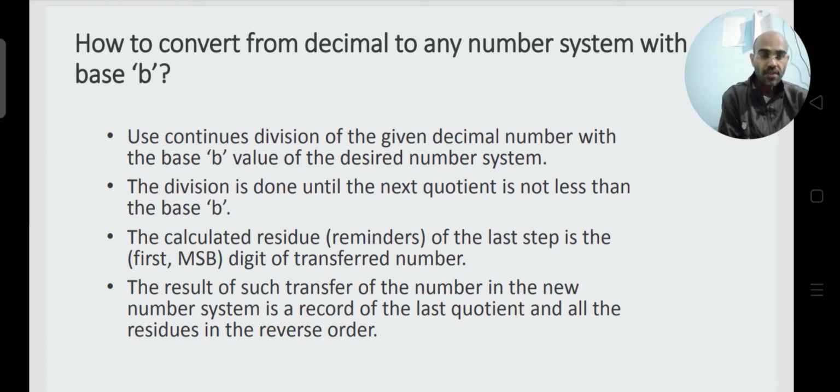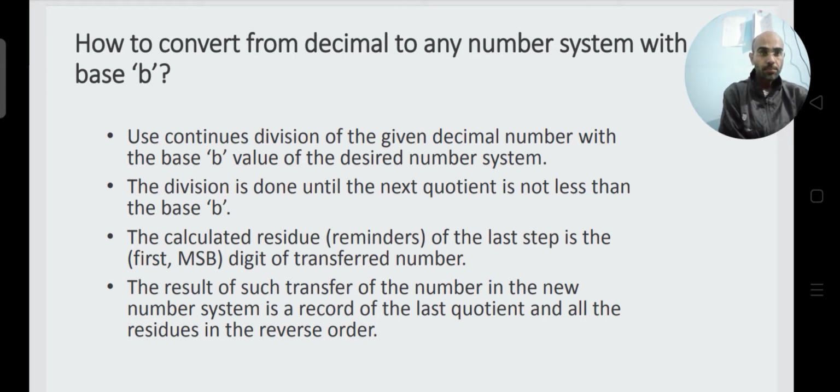In the last lecture we have seen how to convert a given number into the decimal number system. In this video we will see how to convert from decimal number system to any other number system with base b.